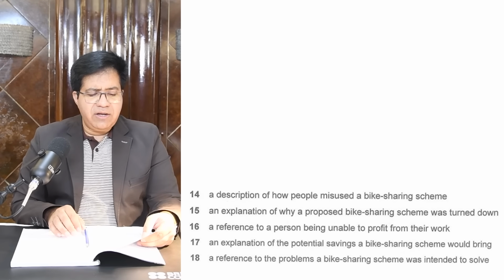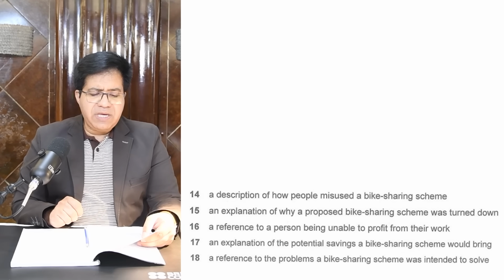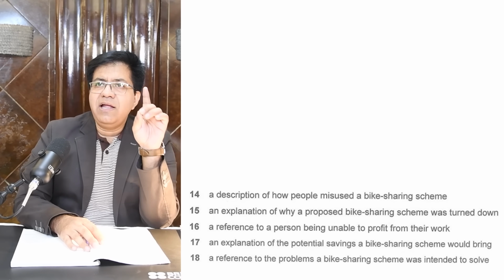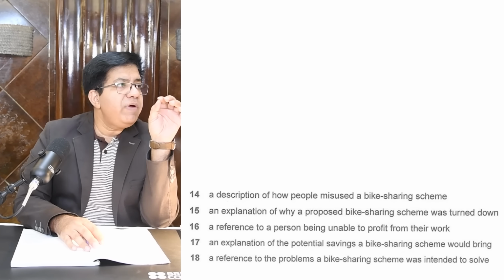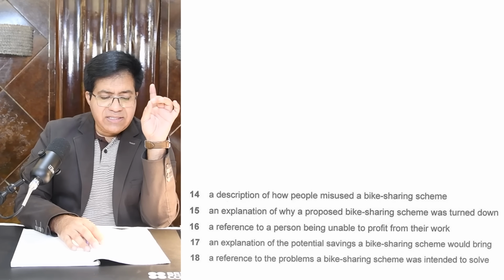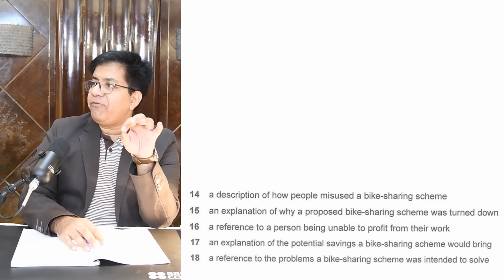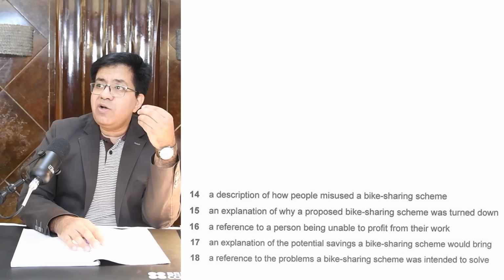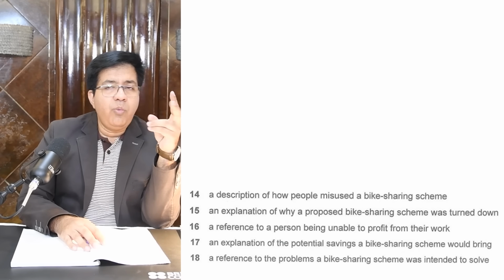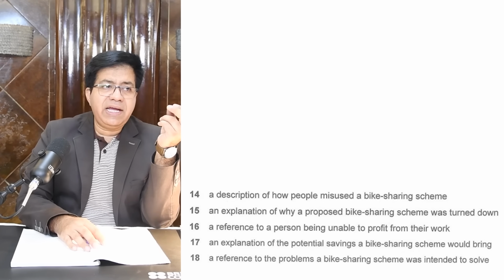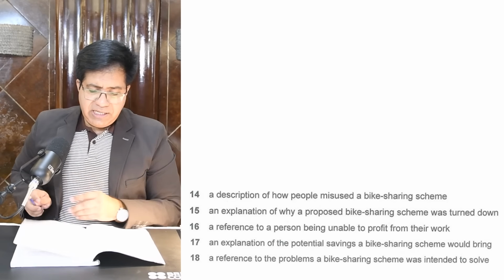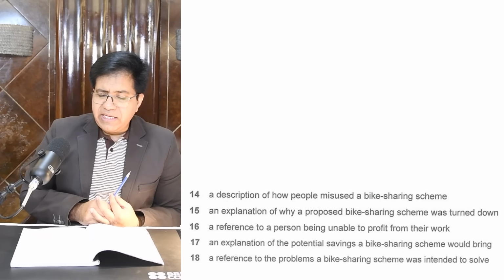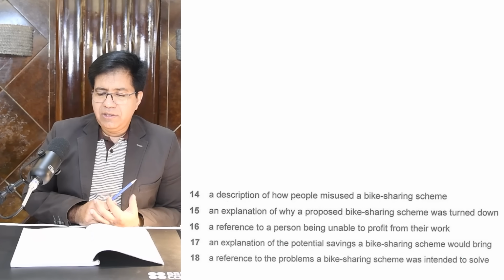Question number 16, reference to a person being unable to profit from their work. Look here, whenever they say reference to a person, you will look for the name of a person. And the second thing is unable to profit, like he did not earn, he did not make any money, he did not make any profit. Two hints, one is the name of person, and second, he did not make any money. So please come back and see where do they talk about it. I give you a hint, paragraph EFG.